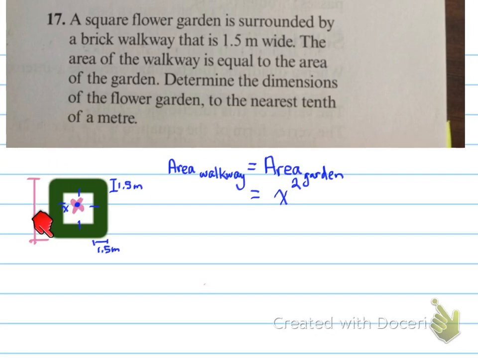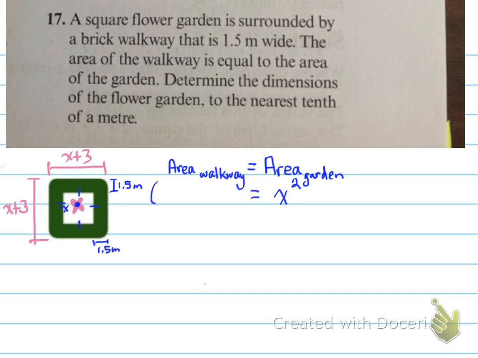So the entire width of the garden and the walkway together is going to be x plus 3, 1.5 times 2. And so it's x plus 3 all along the outside. So we need to know just the area of the green walkway, not the garden.